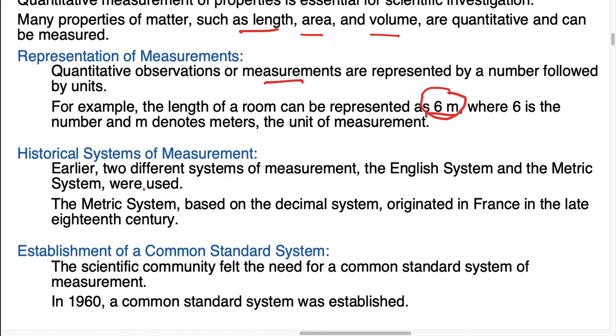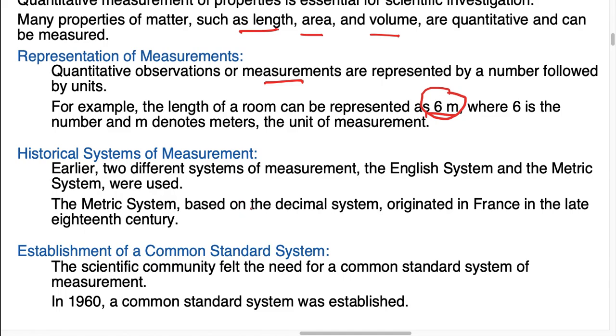So let's know the historical system of measurement. How in our history did they measure things? Earlier two different systems of measurement, the English system and the metric system, were used.